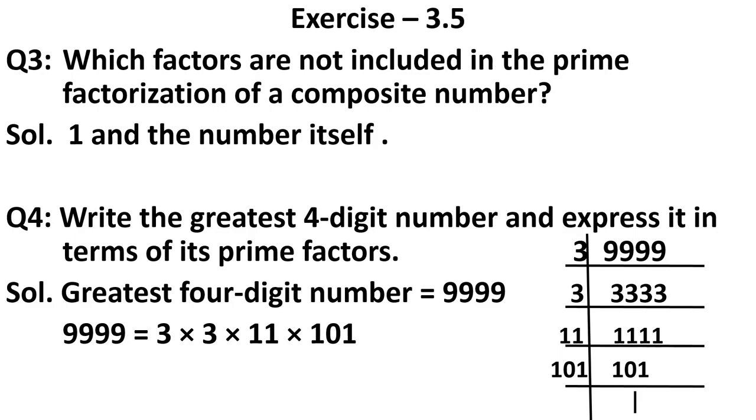Greatest 4-digit number is 9999. Now write down this number in terms of its prime factors. See, I have made it. It is 3 multiplied by 3 multiplied by 11 multiplied by 101.